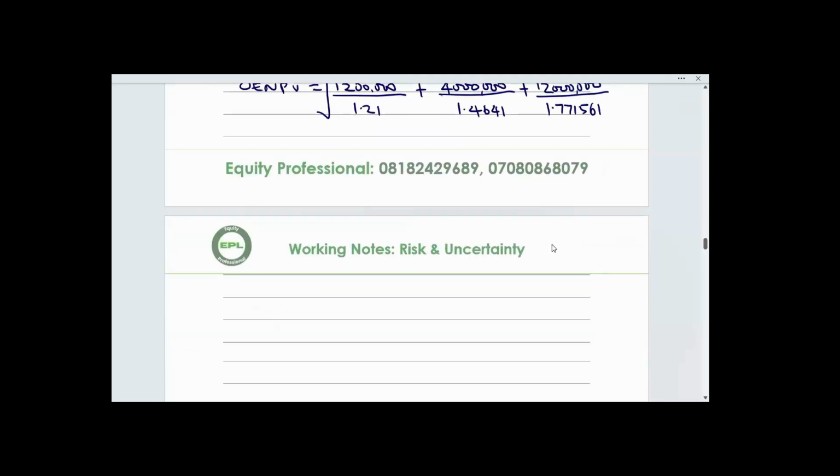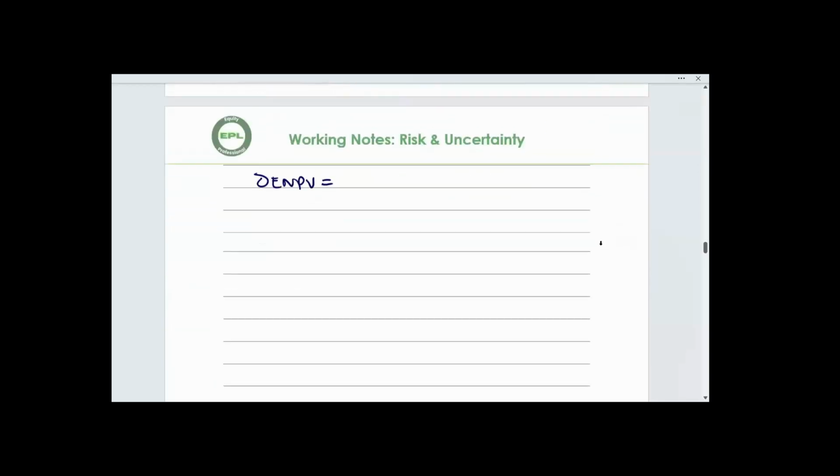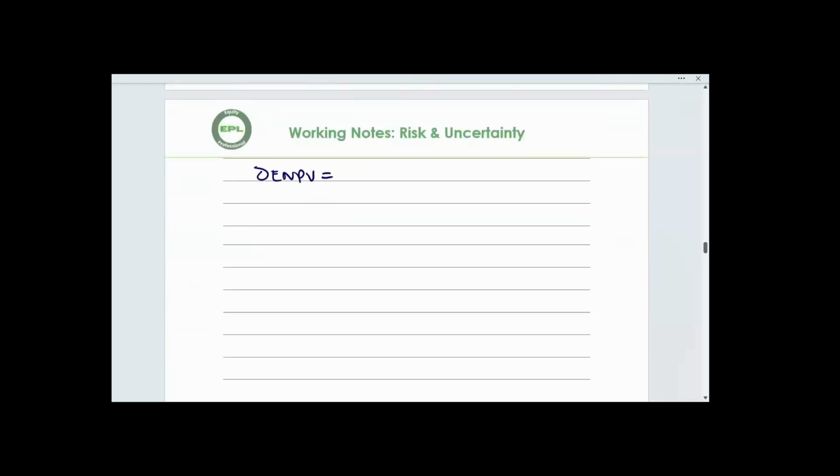So standard deviation of NPV equals, this is what you are going to do. Bring out your calculator and follow me.